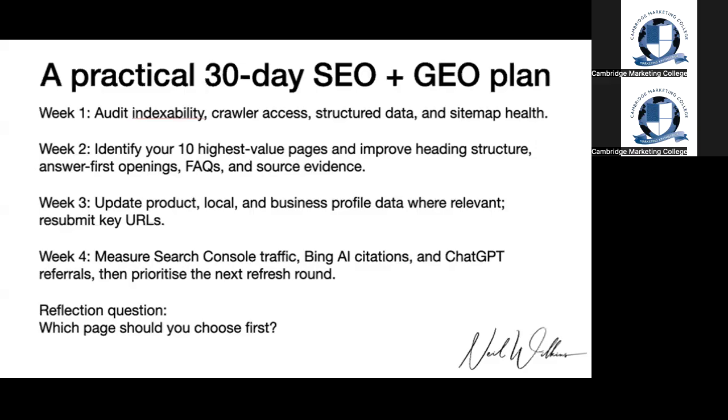Week two is identifying, I would suggest, your 10 highest value pages, and going in with some of these tips that we've been talking about and thinking about where you can improve the heading structure. Think about how you can get some of these answer-first openings at the beginning of the content. Maybe that's the update that you do on these older pages.